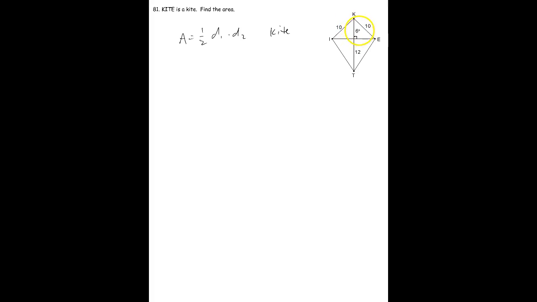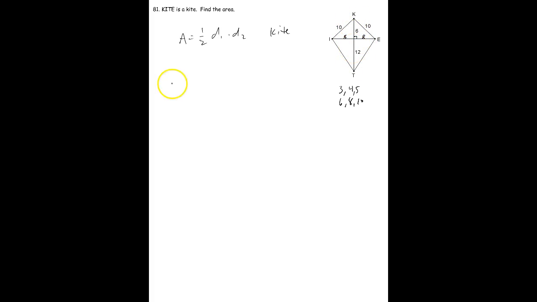You can use the Pythagorean theorem, or it's going to be a multiple of 3, 4, 5. I can see 6, 8, 10 is a multiple. So this diagonal is going to be 8 right here, or 16 in total, 8 of each, because diagonals are bisected in that particular one.